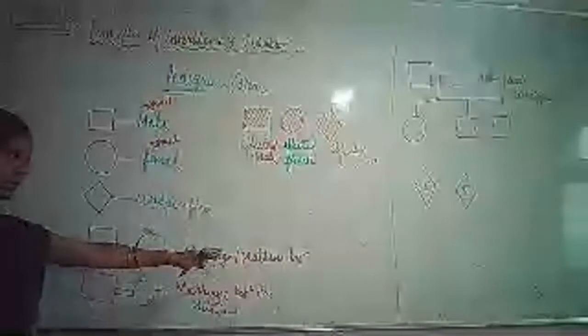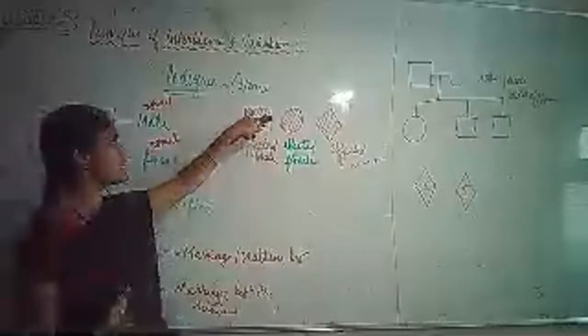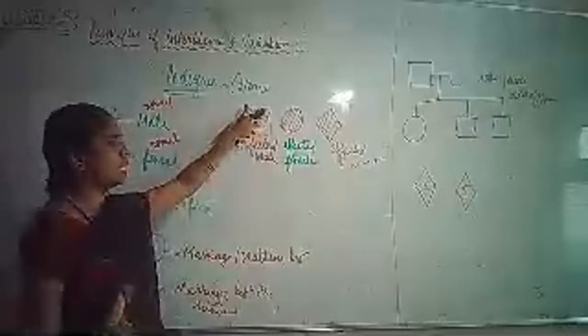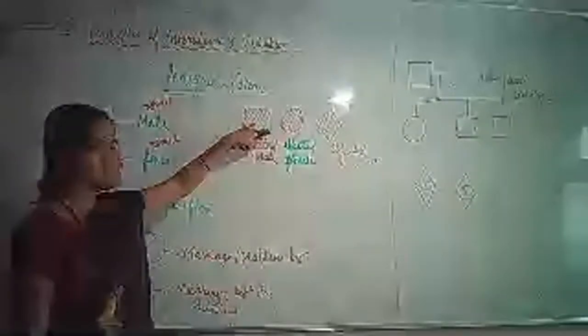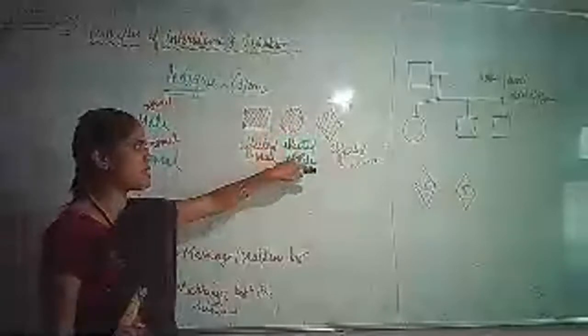You can also call it mating between the male and the female. If there are two lines, it indicates that the marriage is taking place between relatives. So many lines indicate the male is affected, and so many lines indicate the female is affected. The same for unspecified sex, and parents are above and offspring below. This is the normal symbols we are using.